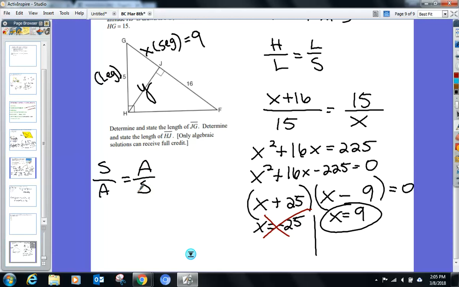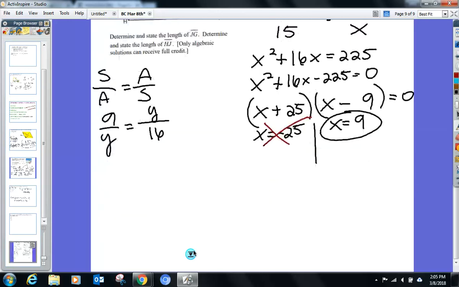What's a segment length? 9. Altitude we're trying to find. And is this different or same segments? Different. So the other one's 16. y squared equals 144. So the value of y is 12.